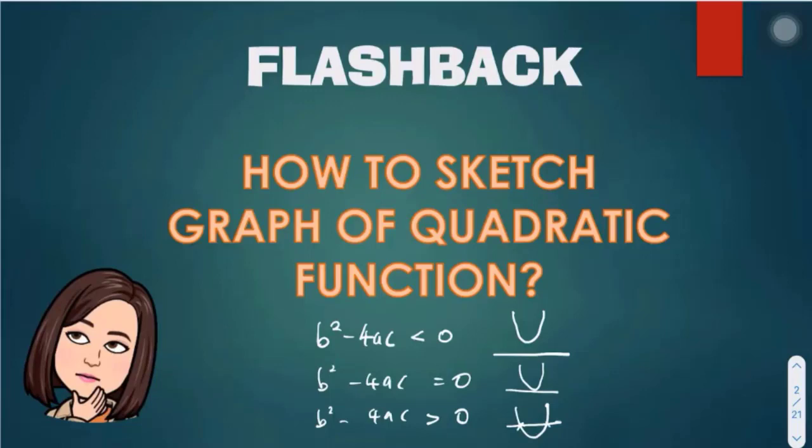So when you find intercept of x, what value is equal to 0? Pada paksi x, nilai apa yang akan jadi kosong? How do you find your intercept of x? y is 0. Yes. Di paksi x, nilai apa yang kosong? Y kosong.